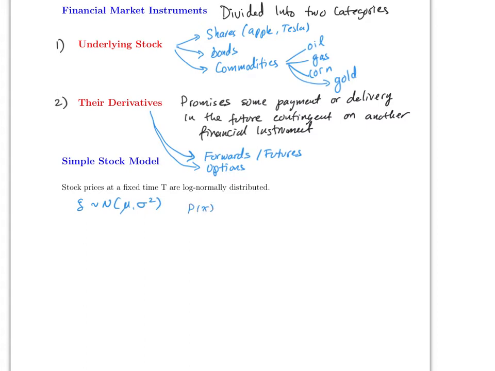And remember, the density function is equal to 1 over the square root of 2 pi sigma squared, e to the minus (x minus mu) squared over 2 sigma squared.